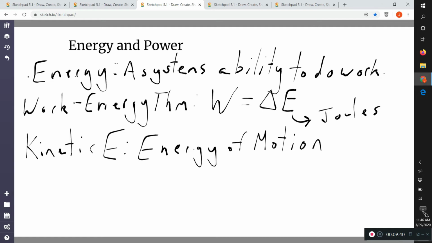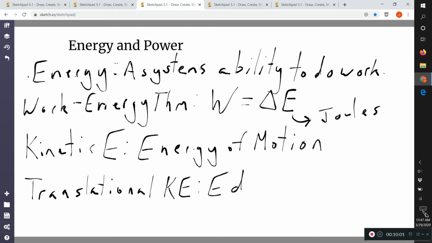And a type of energy that we're going to use quite often is translational kinetic energy, which is defined as the energy due to changing position.